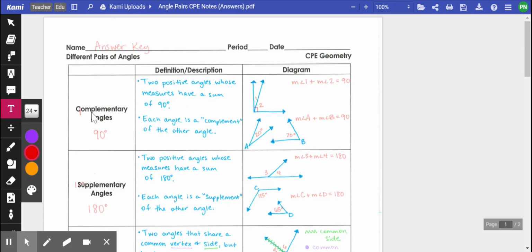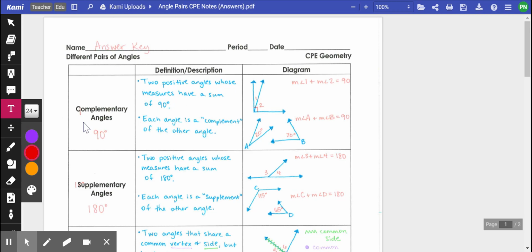And now you'll see some notes, some drawings on the left-hand side for how to remember which one adds up to 90 and which one adds up to 180. So here's a cute little trick for you. If you draw a line going straight down from the C in complementary, it looks like you're turning it into a 90 with the O from complementary.